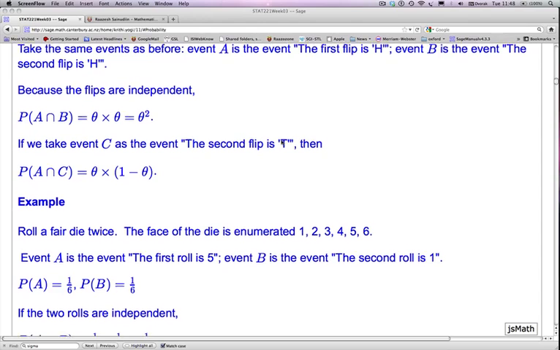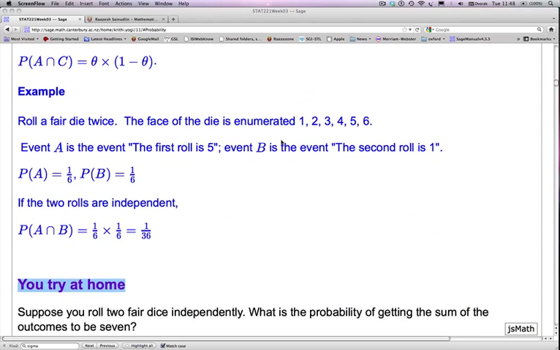Now the next example, we roll a fair die twice. The faces of the die are numbered 1, 2, 3, 4, 5, and 6. Now let A be the event that the first roll is 5, and B be the event that the second roll is 1.